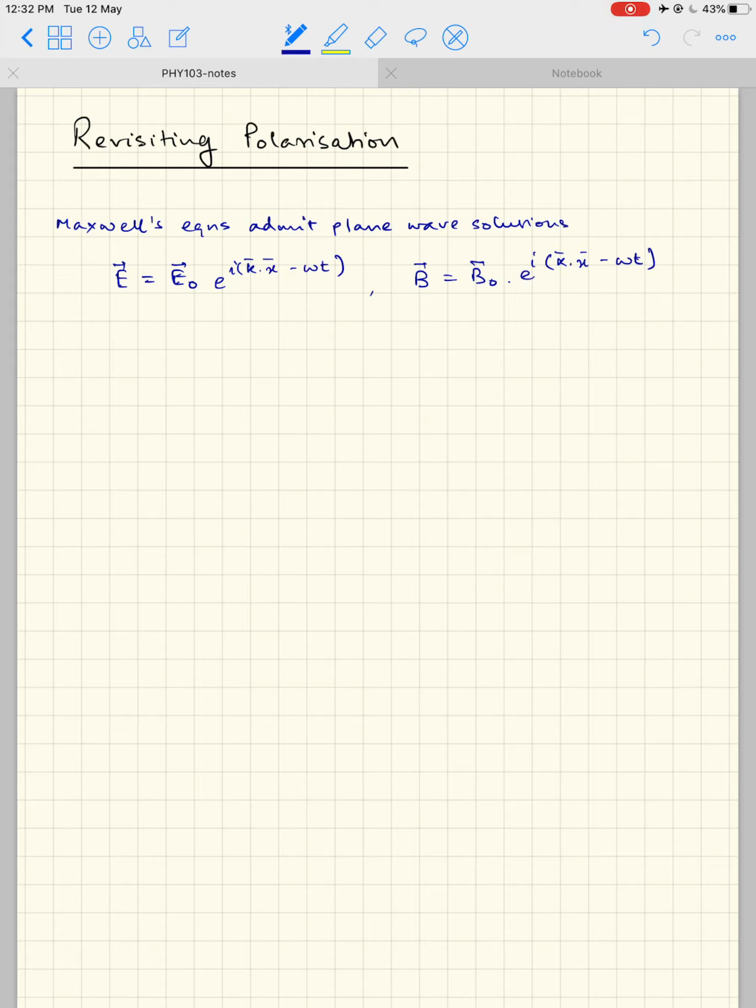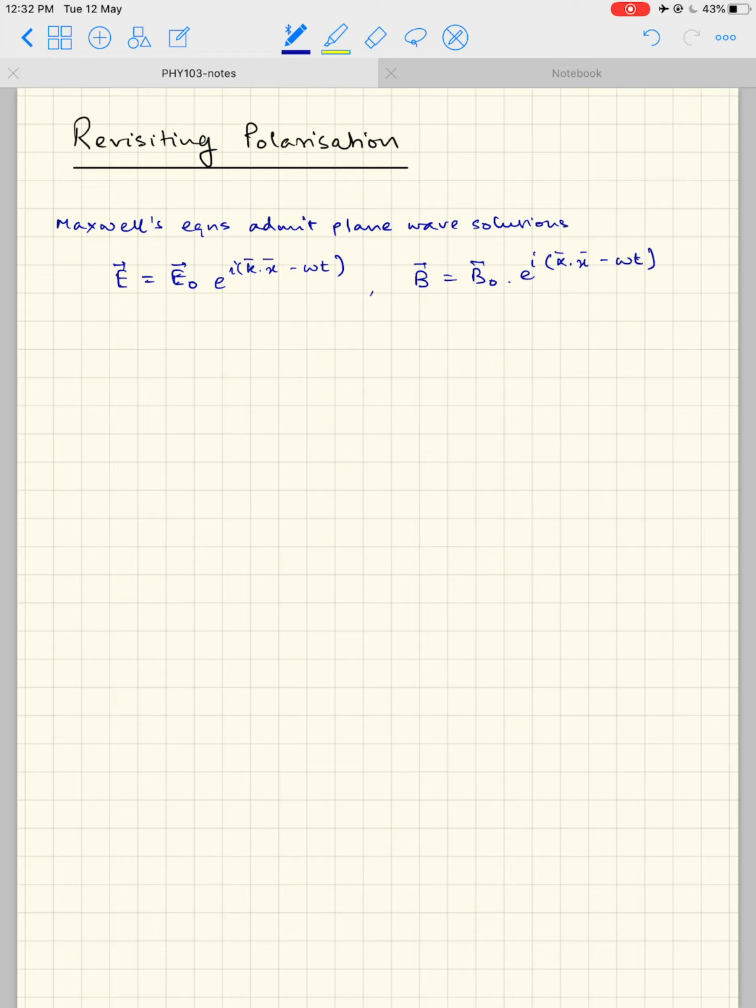These are complex three-dimensional vectors. The wave vector k and the angular frequency are real, and in vacuum they are related by omega squared is equal to c squared k squared, or omega is equal to ck.